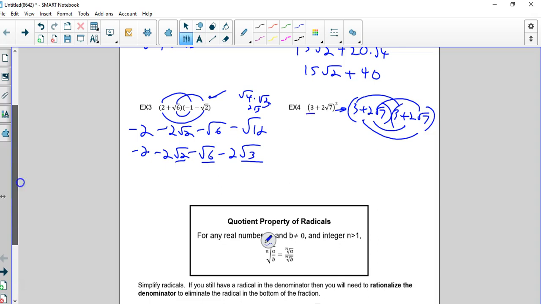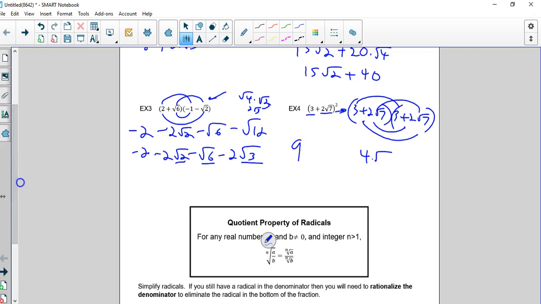The shortcut is to square this, 9, which you get from first times first. And then to square this, which will end up being 2 times 2 is 4. Radical 7 times radical 7 is radical 49, or just 7.